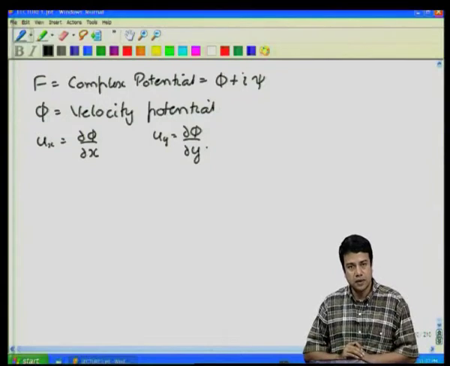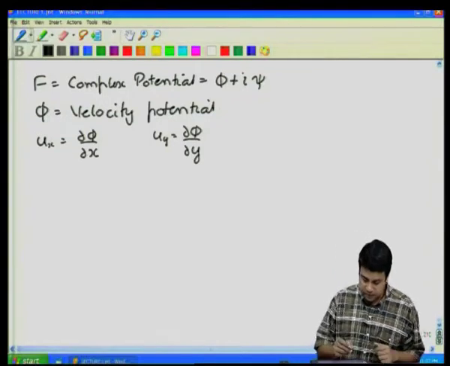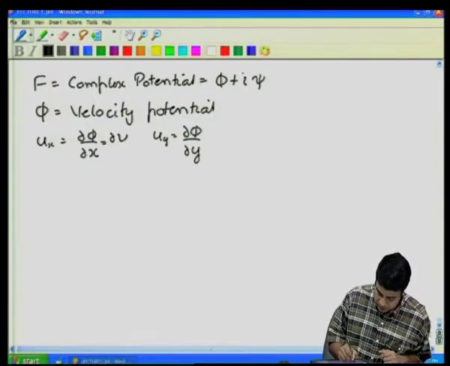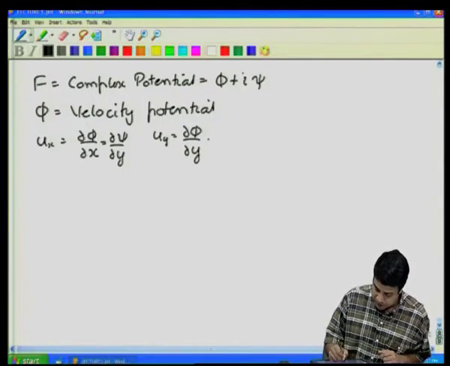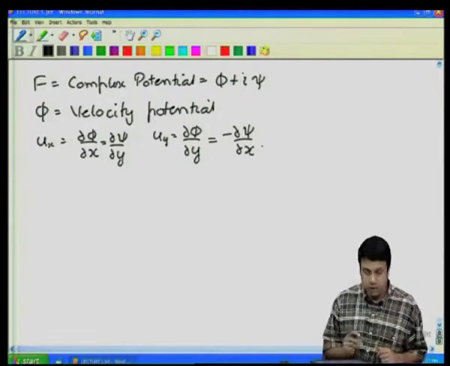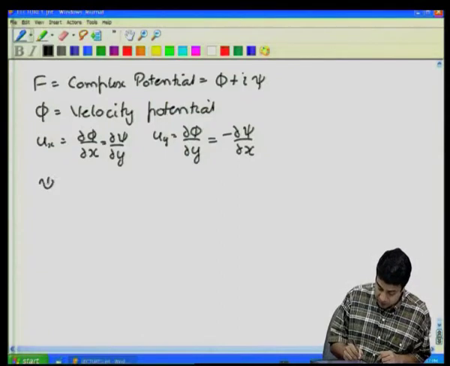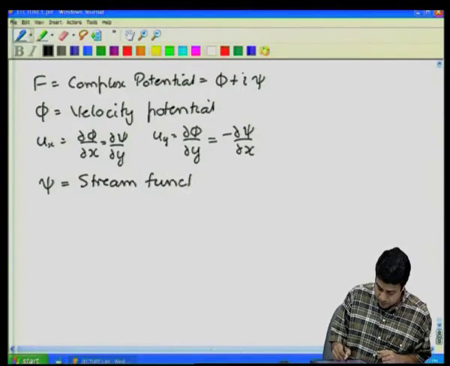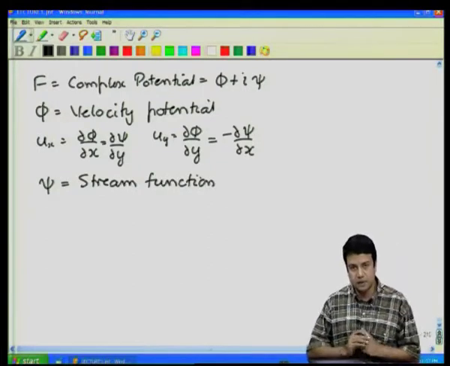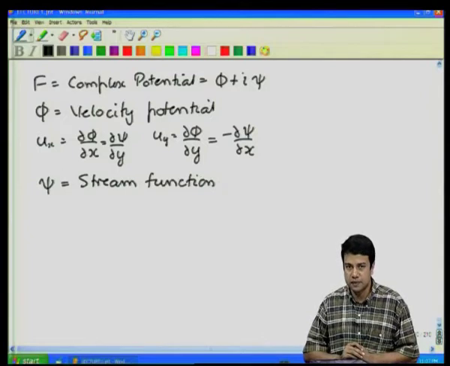Okay. And from the Cauchy-Riemann conditions, we know that partial phi by partial x is also equal to partial psi by partial y, and partial phi by partial y is minus partial psi by partial x. What that means is that the imaginary part of the function f is just the stream function.